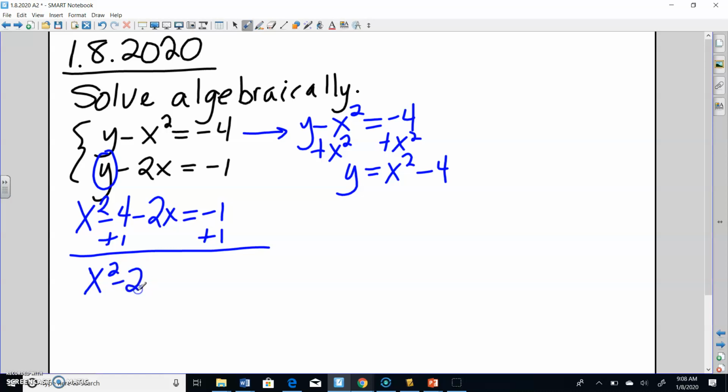So I'm going to go x squared minus 2x minus 3 equals 0. And now I'm able to identify a, b, and c to use in the quadratic formula. a is 1, b is -2, and c is -3.